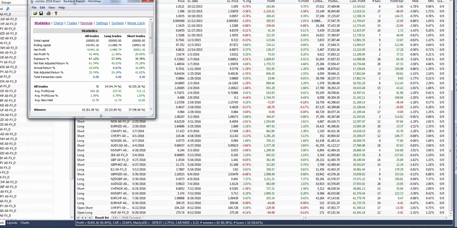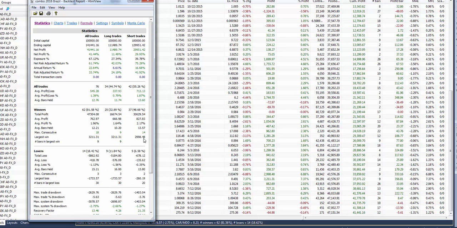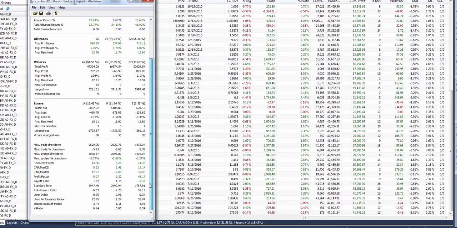And then you look at statistics, and the first important thing you look at is max system percent drawdown. Very important. And you look at that and you say 2.75%. The question is, as this system worked in your favor, if a pullback of 2.75% in the value of your portfolio is something that doesn't drive you crazy, this might be acceptable.